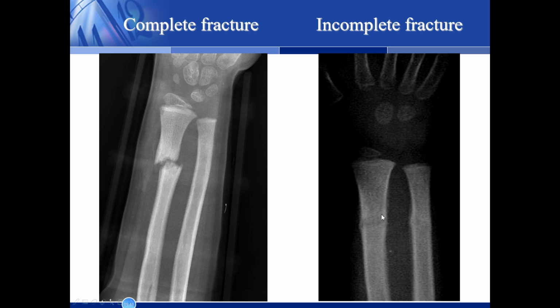We call it green stick fracture. Here the cortex is buckled. We could not find a fine line marking the fracture line in the green stick fracture. So this is incomplete fracture.